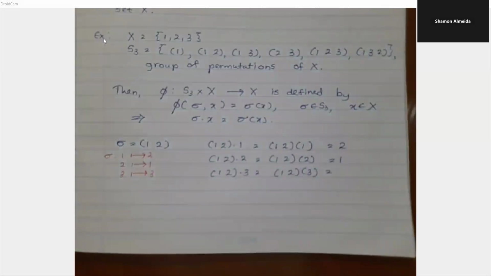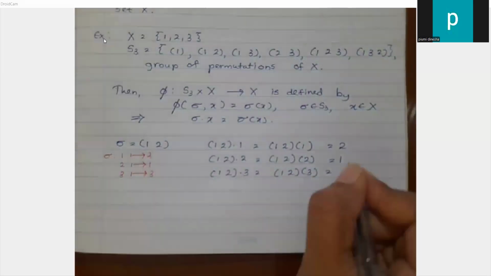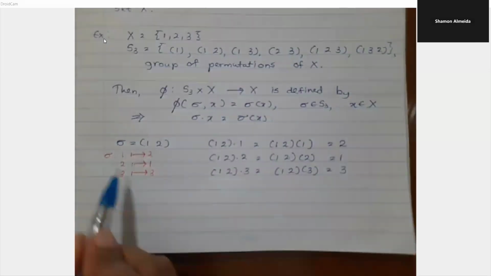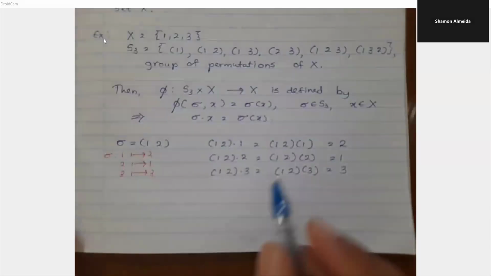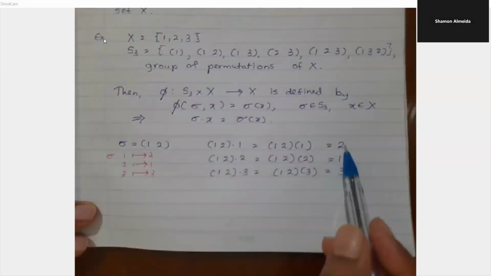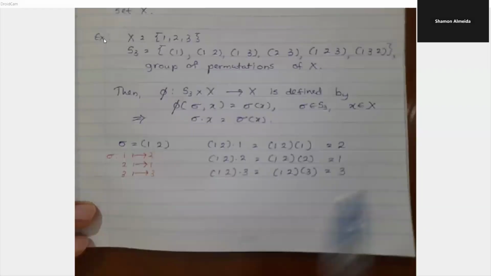It's equal to 3 because through sigma, 3 is fixed. In other words, 3 is sent to itself, right? So we got all values that are in X.